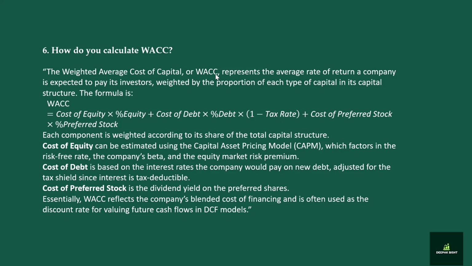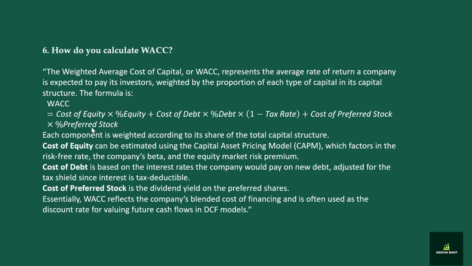Just remember this thing: whenever you find debt, remember it is the after-tax cost of debt, the cost after the tax has been paid. Whenever you get debt, you actually have to pay tax on that. It represents the return a company is expected to provide to all its capital providers: equity holders, debt holders, and preferred shareholders also.